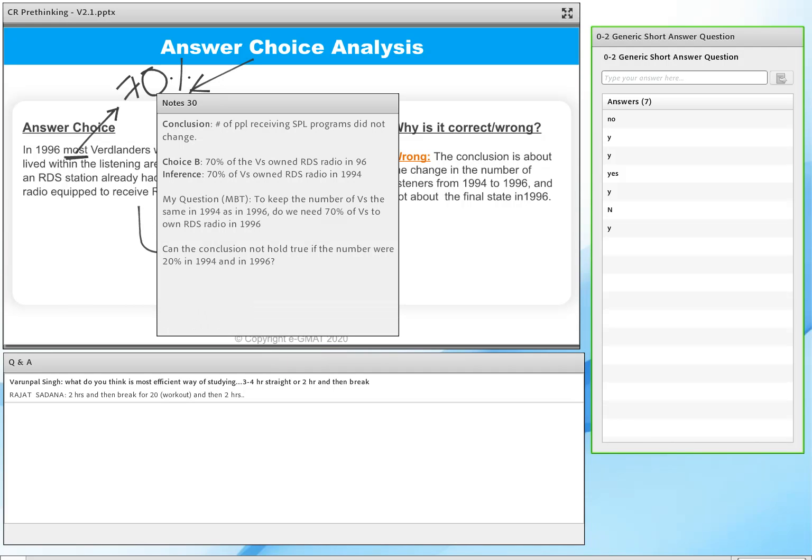The answer is yes, it can still hold true. It doesn't matter. What we are saying is that the number between 94 and 96 is the same. It has not changed a whole lot. We're not saying what the number was in 94 and what the number is in 96. So is choice B must be true? Does it satisfy? No, it's not must be true.